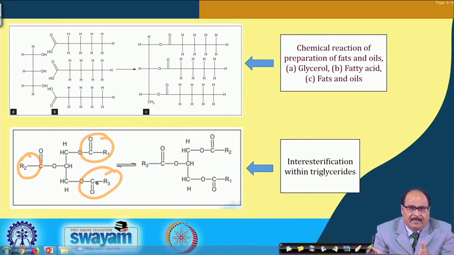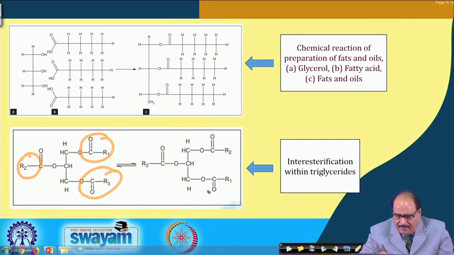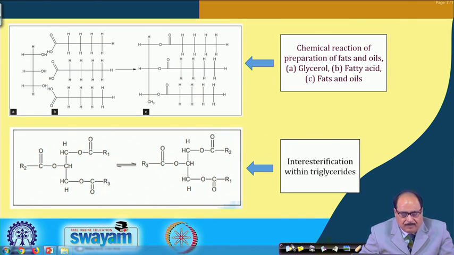There you see the R2, which was in the second position, comes to the first position, and R3 moves as well. So, it is basically the interchange of fatty acid groups, maybe intermolecular.